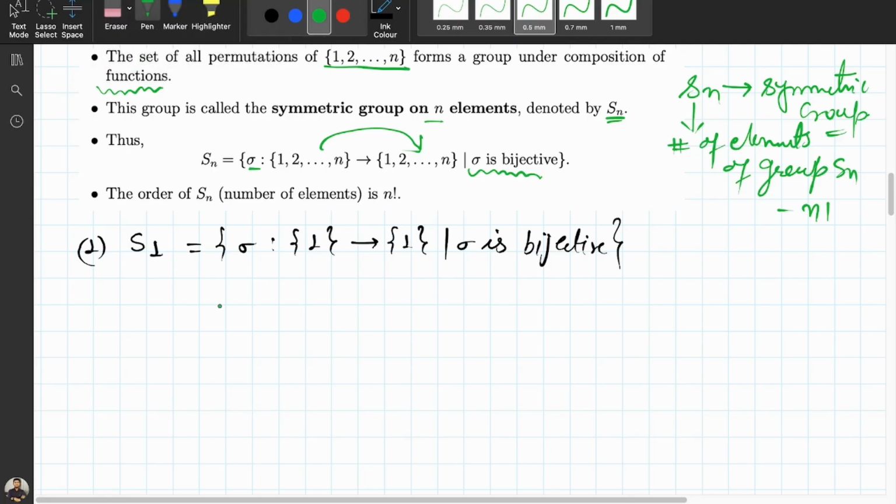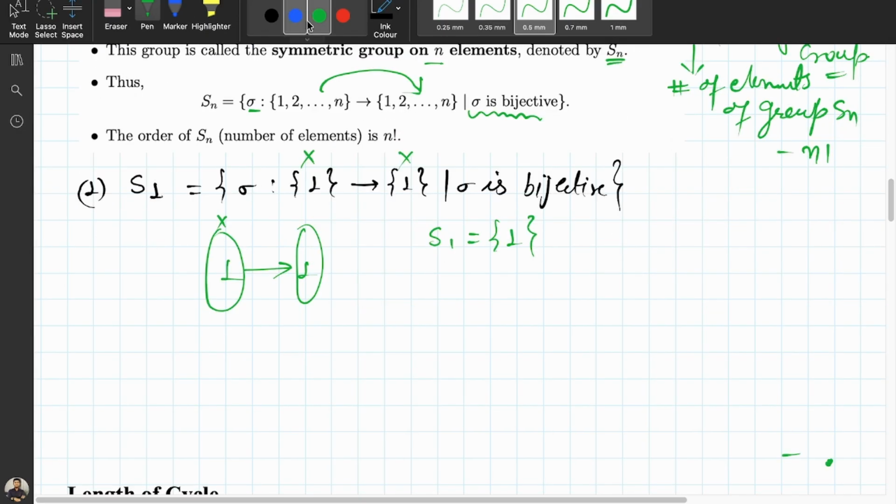From here I can simply write this is x and this is also x. So there is only one element, so S1 will contain only one element: from 1 to 1. Next, if I want to write S2, what is the definition of S2?